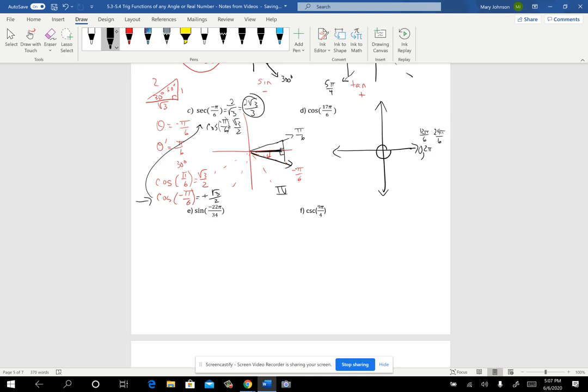And then you should be thinking about this broken into 6 pieces, the pi being broken into 6 so you can count. So we're all the way around to 12. Then this would be 13, 14, 15, 16, 17. So you'd go all the way around to here. Okay, this is the terminal side then.